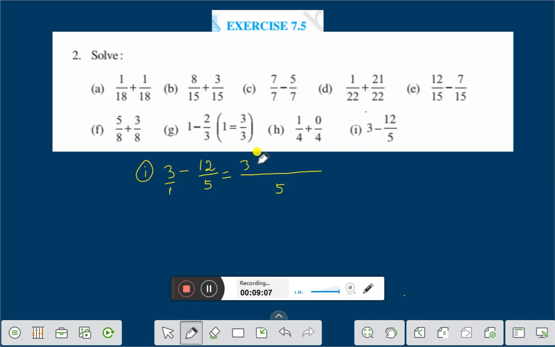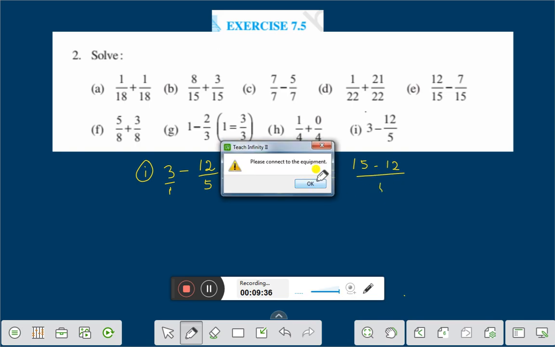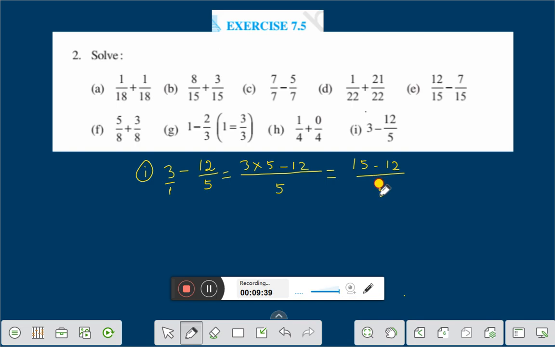That is 3 into 5 minus 12, which is equal to 15 minus 12 by 5. 15 minus 12 is equal to 3 by 5. 3 by 5.